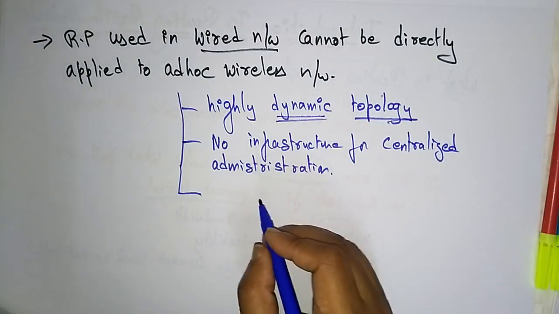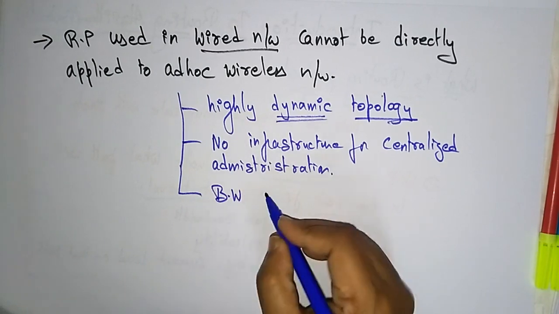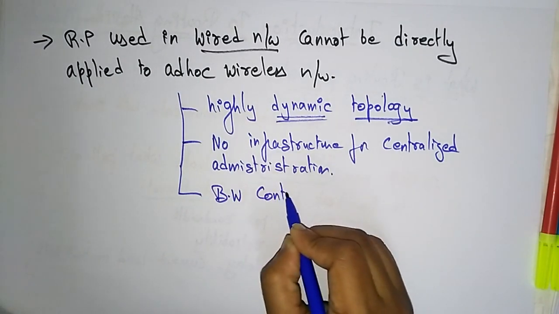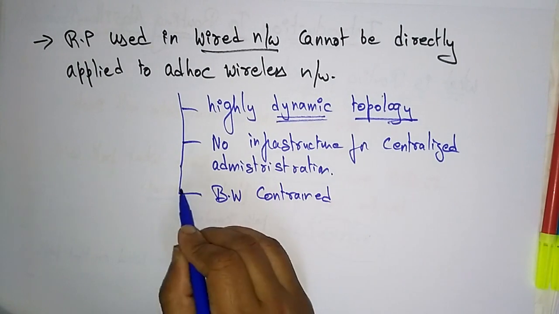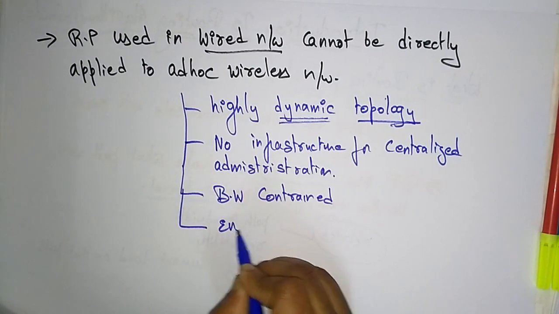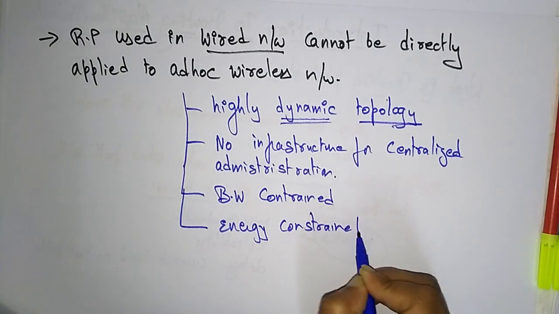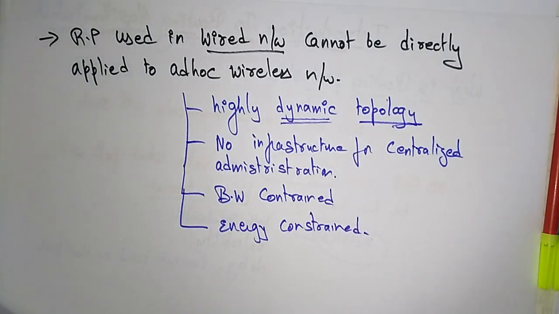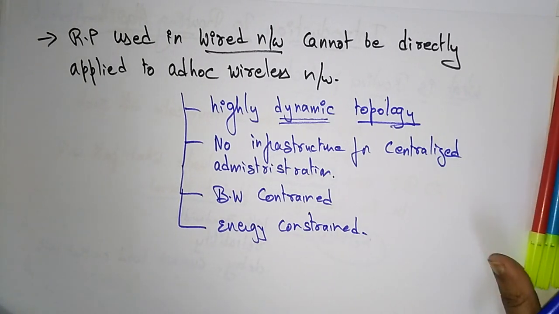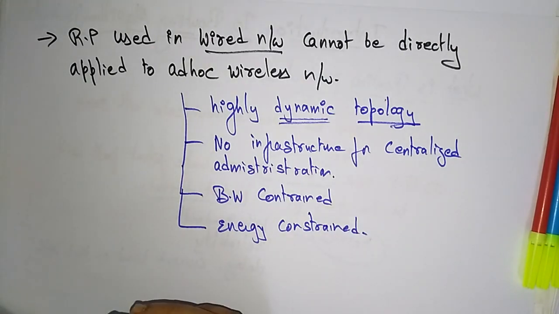The bandwidth constraint should be considered, and the energy constraint is there. Because of these reasons, we are not directly applying the wired network routing protocols to the ad hoc wireless network. So we need to design new protocols for ad hoc networks.